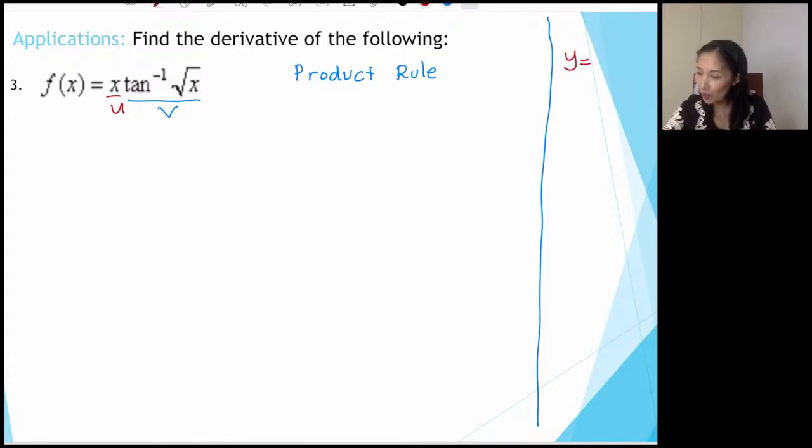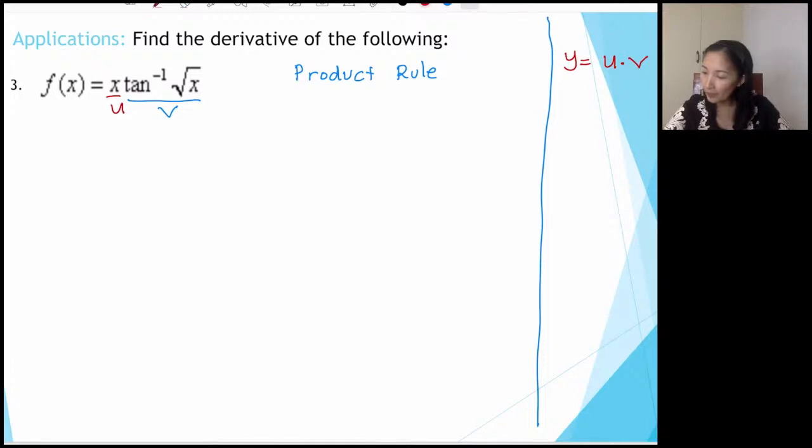If the function takes the form f of x times g of x, or u times v, where u and v are differentiable functions, what did we say about y prime? Its derivative is the first times the derivative of the second, u dv, plus v du.